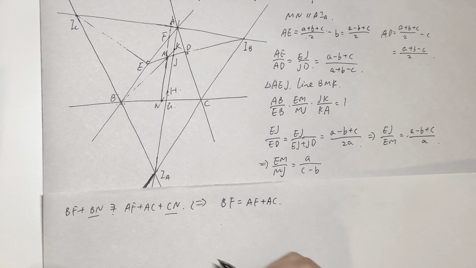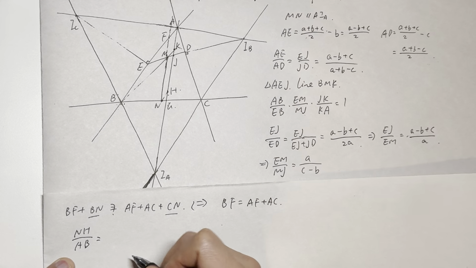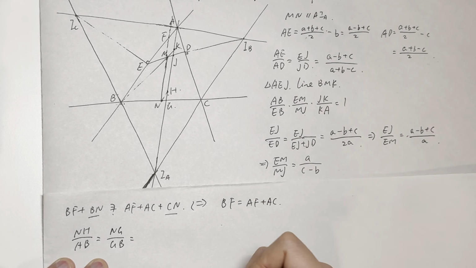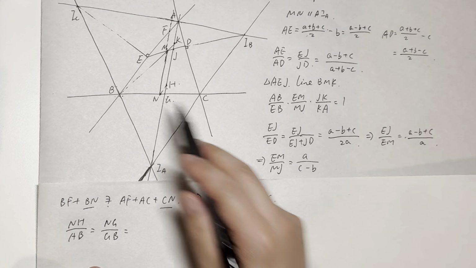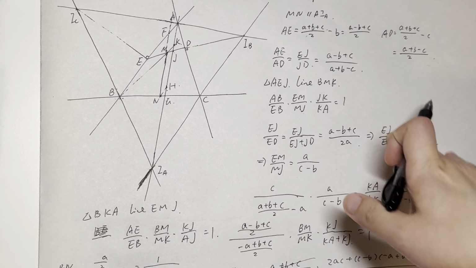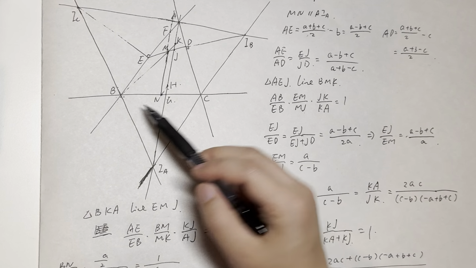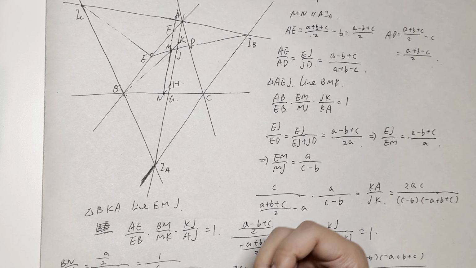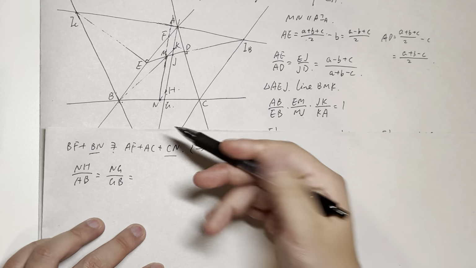And how to calculate NH? We know that NH to AB equals NG to GB, right? Which equals NG. We already know BN to NG equals C plus B to C minus B, right?